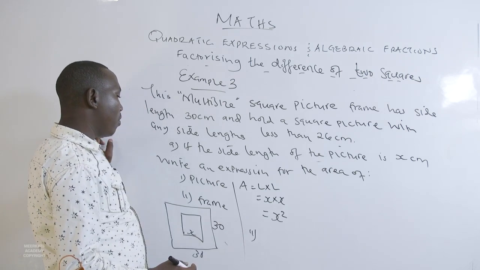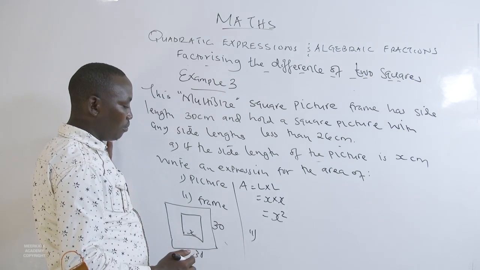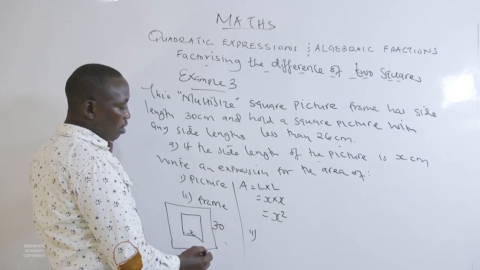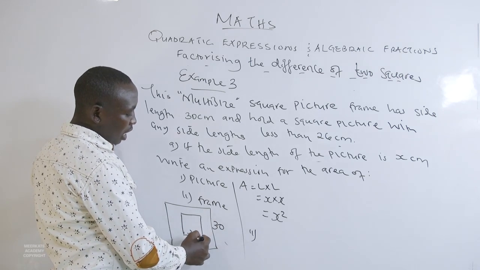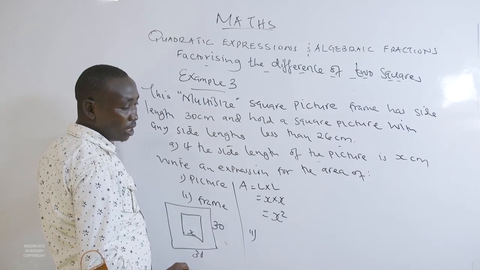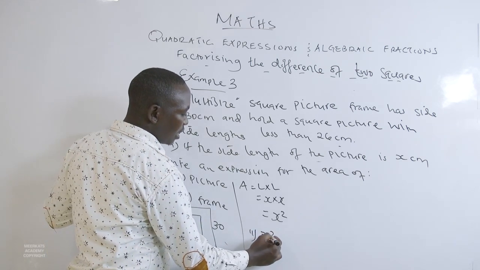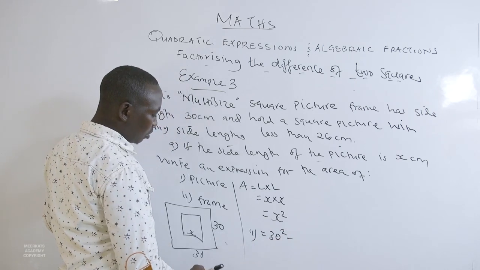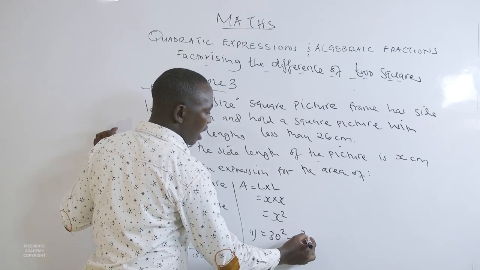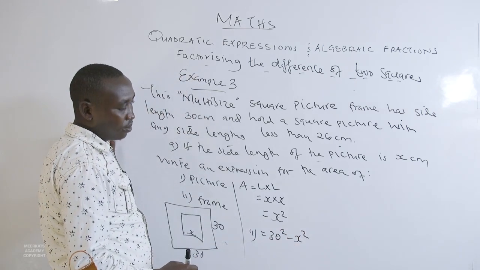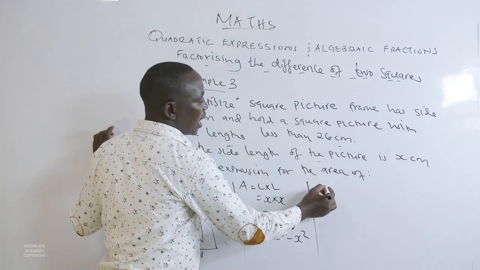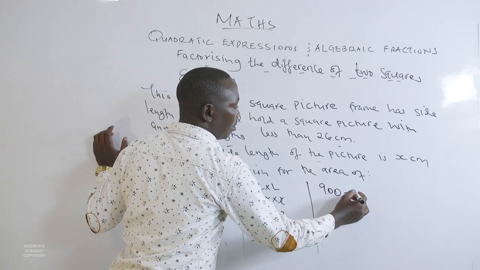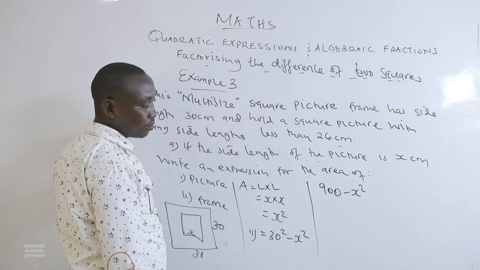Part B, we want to get the area of the frame. The area of the frame alone will be 30 multiplied by 30. We subtract the area of the picture. That will be 30 squared. We subtract x squared. So when you do this, you'll get 900 subtract x squared.